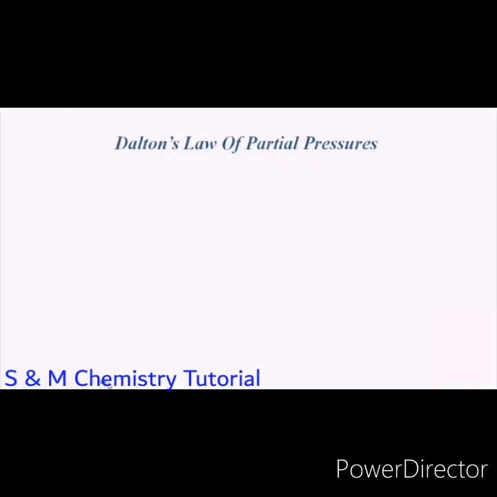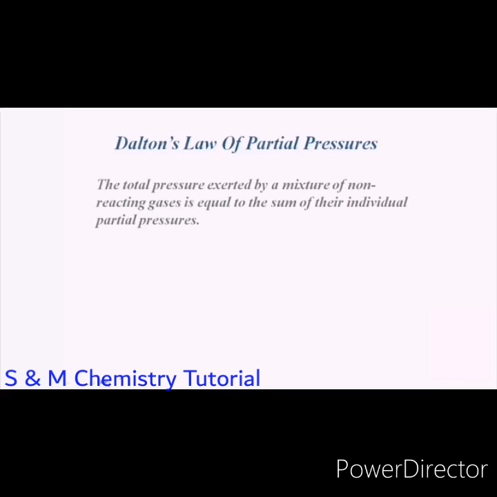This law is stated as the total pressure exerted by a mixture of non-reacting gases is equal to the sum of their individual partial pressures. According to this law, if we have, for example, three gases and P1, P2 and P3 are their individual pressures, जिसको हम यहाँ नाम दे रहे हैं partial pressures का.